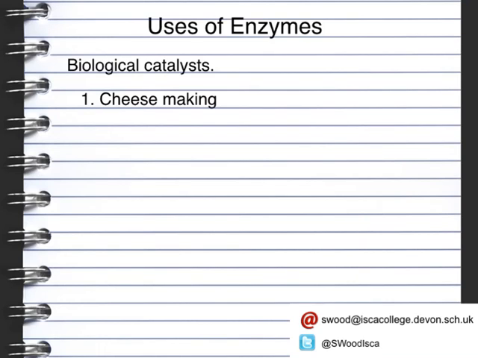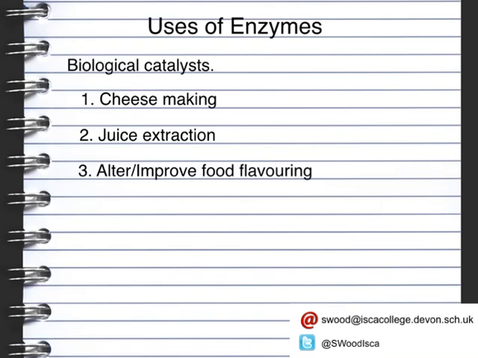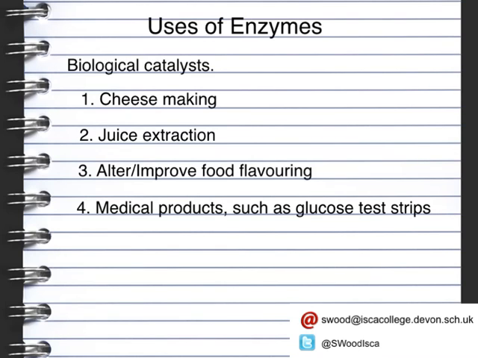Cheese making uses enzymes, as does juice extraction to alter and or improve food flavouring. Medical products such as glucose test strips, and also biological washing powders which contain enzymes which will remove most biological stains.